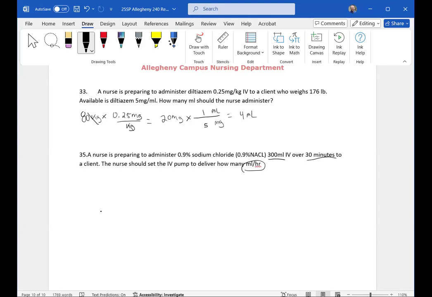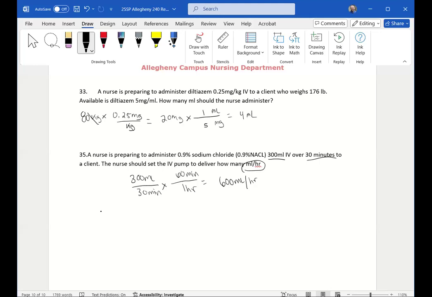So all you're going to do is take the volume over the time, and then they don't want to know minutes, they want to know hours. So you want to convert minutes to hours. And you get 600 milliliters per hour.